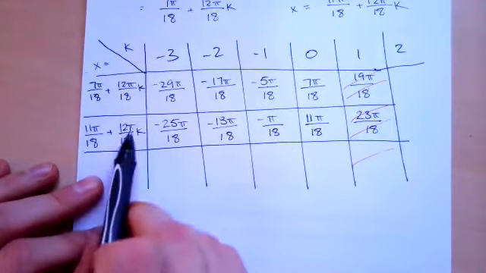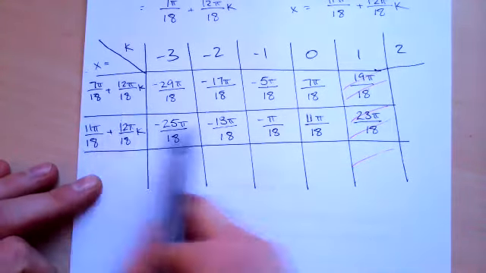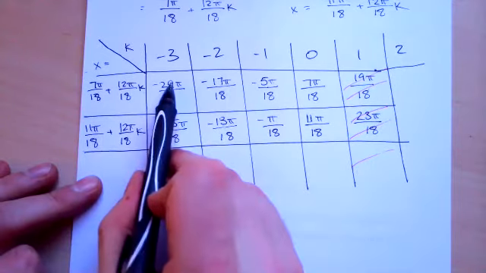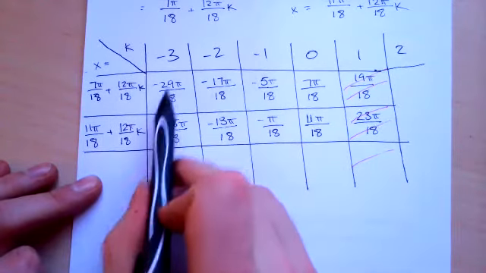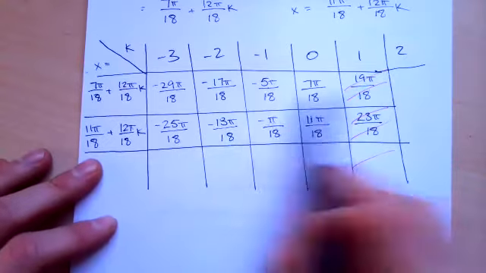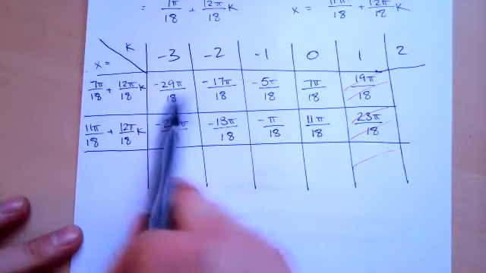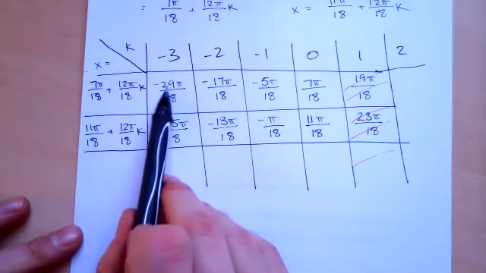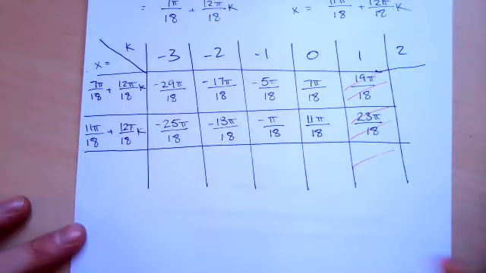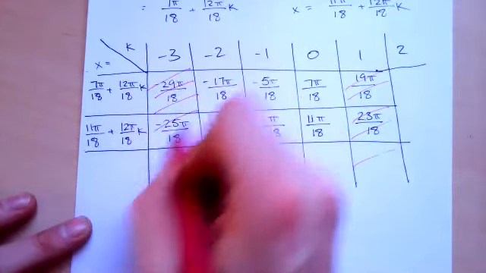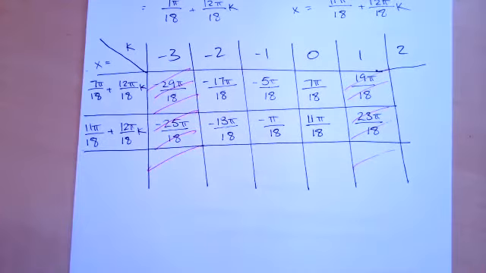So you can think of this as like the slope. I am subtracting 12 pi over 18 every time we move to the left, and adding 12 pi over 18 every step we go to the right. And what do we notice? Here, my numerator is bigger than 18 for both of those. So we actually don't need those solutions either.